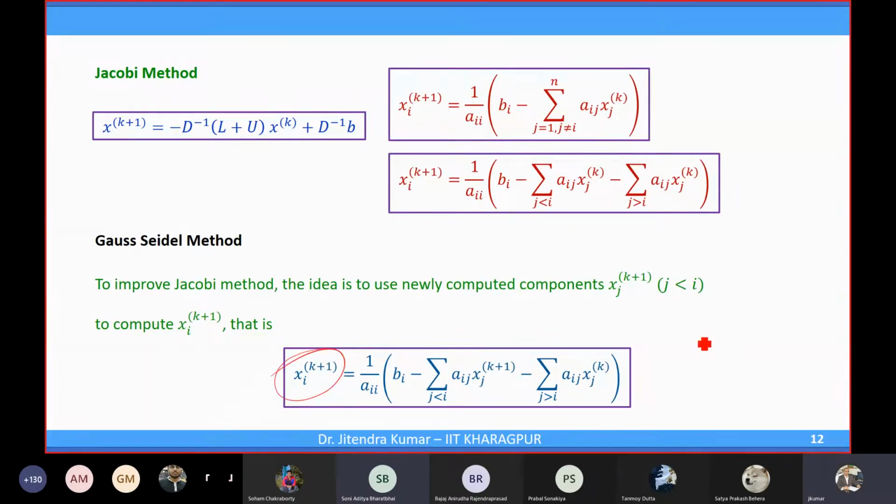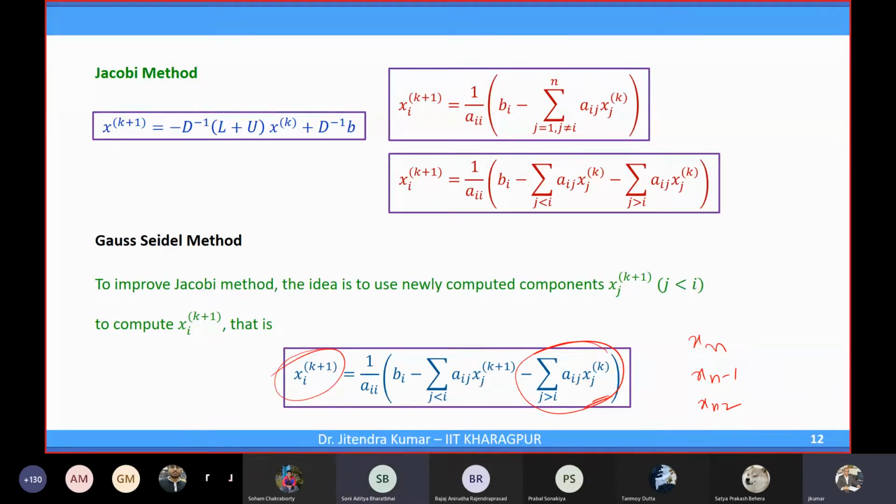No, either you go x1, x2, x3, up to xn, or the reverse. We will compute like this.